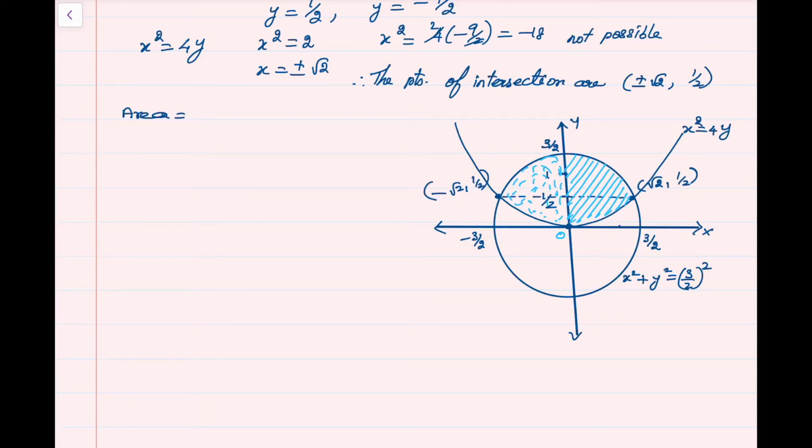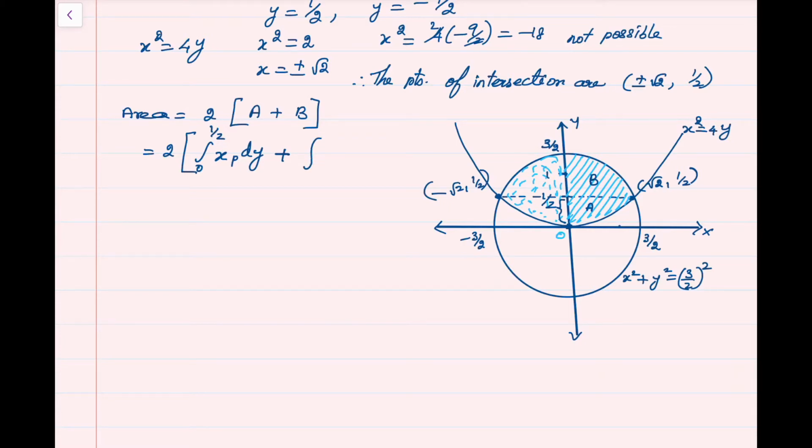So area is equal to, we will take this as A area and this is B area. So 2 times A plus B, which is equal to 2 times area A is under the parabola and the limits are 0 to half. We are doing with respect to y, therefore we have to write the y limits. Integral 0 to half of x of parabola into dy. We are doing integration with respect to y variable, plus B area is integral.